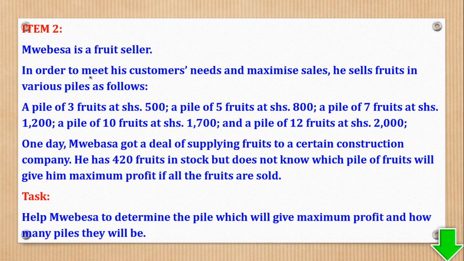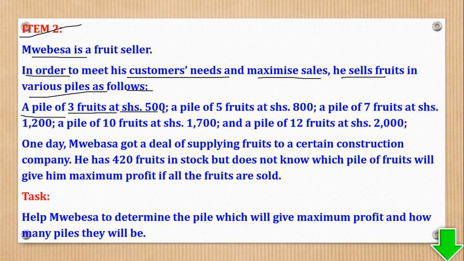That was item 1. Now we shall go to item 2. Item 2 says, Mwebesa is a fruit seller. In order to meet his customers' needs and maximize sales, he sells fruits in various piles as follows. A pile of 3 fruits at shillings 500, a pile of 5 fruits at shillings 800, a pile of 7 fruits at shillings 1200, a pile of 10 fruits at shillings 1700, and a pile of 12 fruits at shillings 2,000.